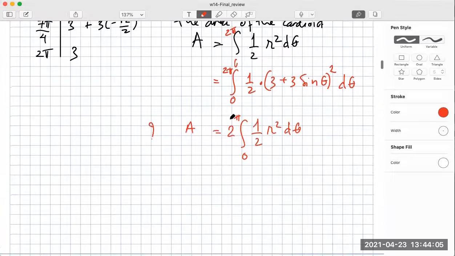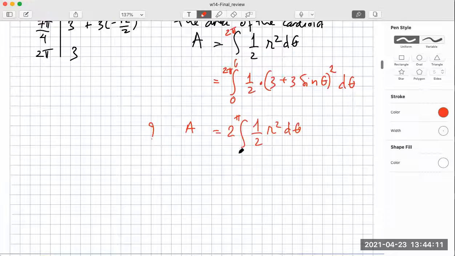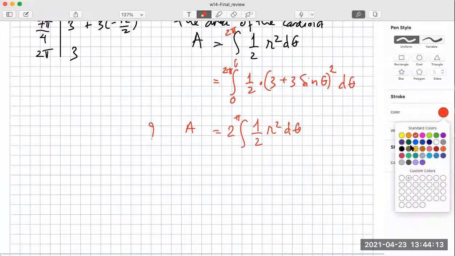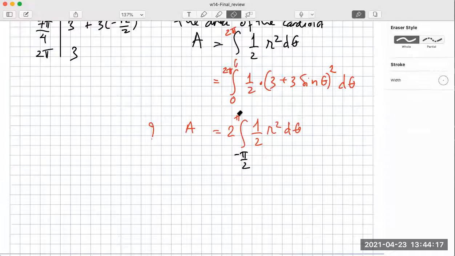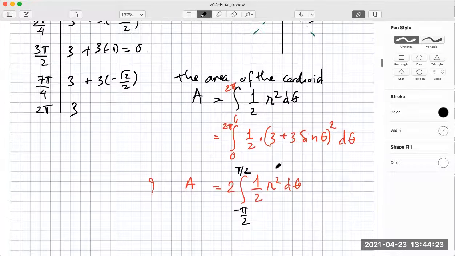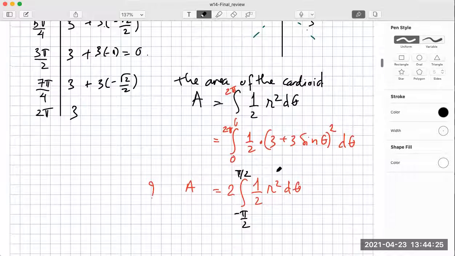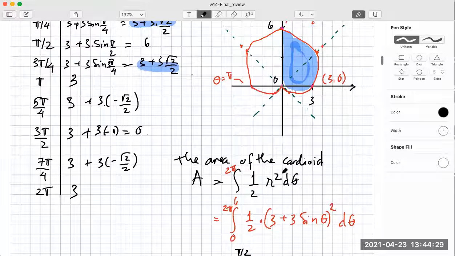Therefore, another way to deal with this is to double the area from theta equal to -pi/2 to pi/2 of this r squared. Okay, you can double check it to see if these two formulas give the same result. They should. That is one way.